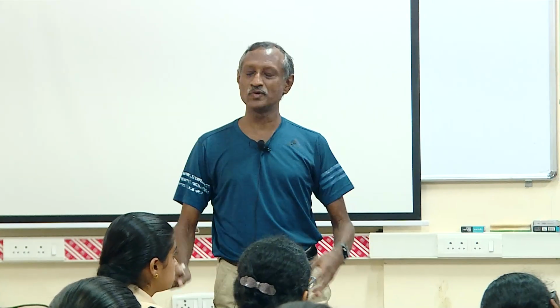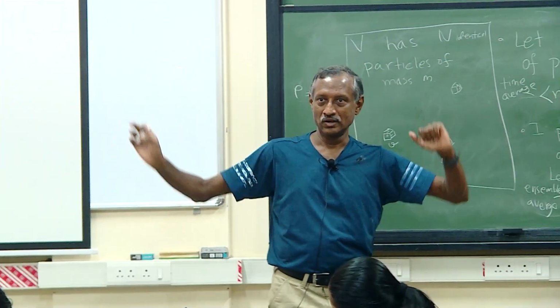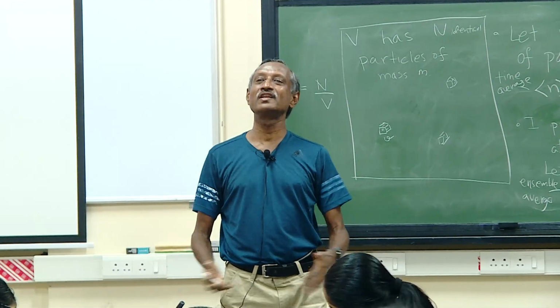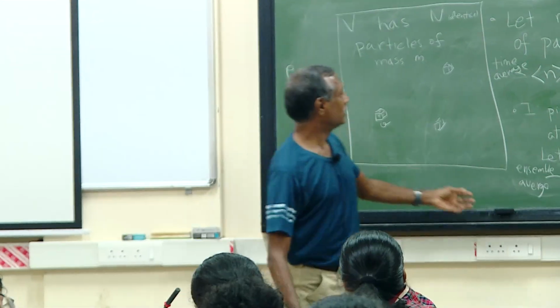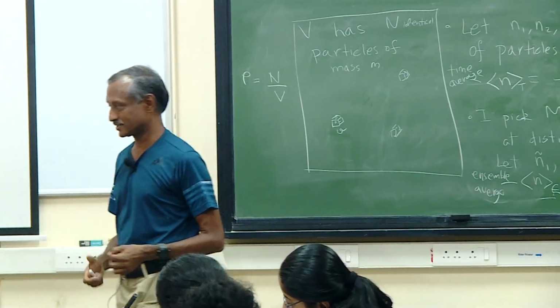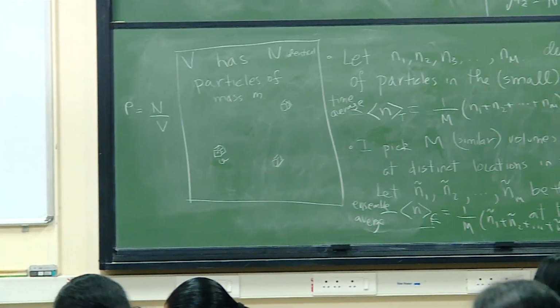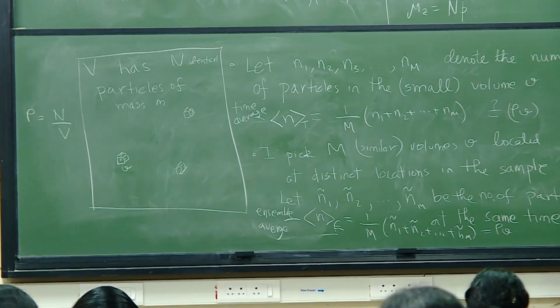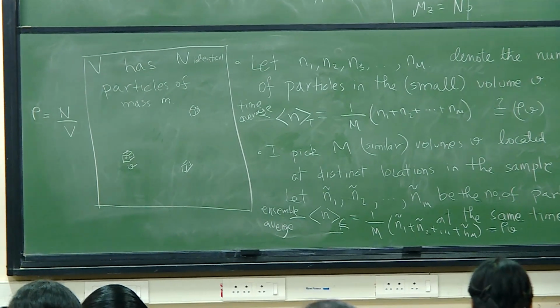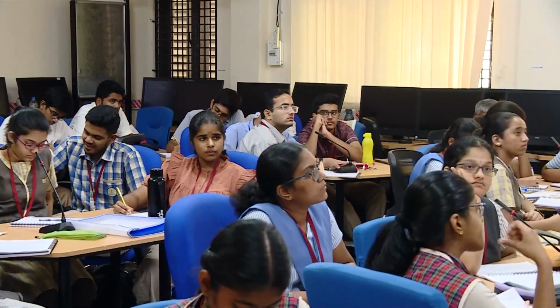And it works most of the time, and it's also interesting when it doesn't work. Okay, but we are at the level where we'll assume that ensemble average equals time average. There are technical conditions under which these two will be equal, but that's too technical even for me to state. Is this clear?